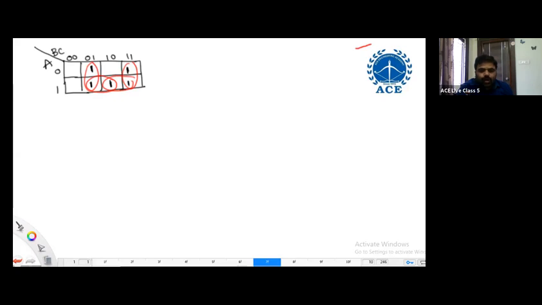Only two. The essential prime implicants are nothing but the groupings which are having special cubes. If you are observing, this grouping is having a special cube, and this grouping is having a special cube.